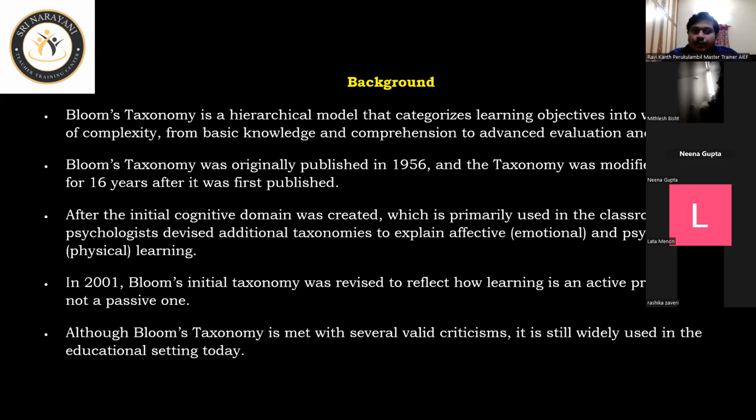And in 2001, Bloom's initial taxonomy was revised to reflect how learning is an active process and not a passive one. So Bloom's taxonomy has been revised in 2001.